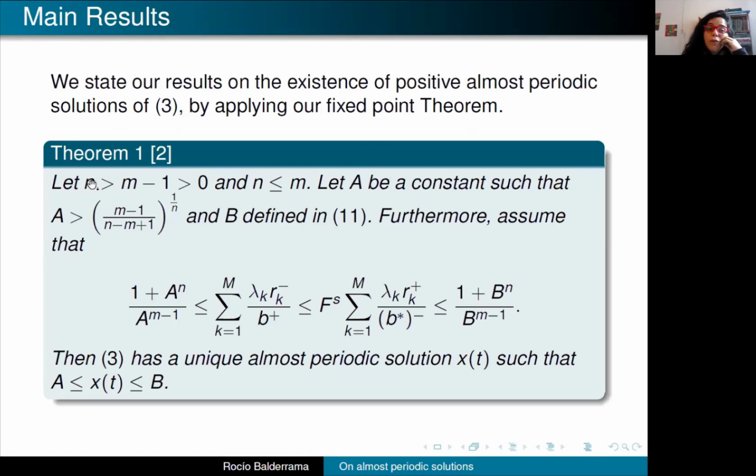If we have these relations between n and m, and a is a constant greater than this other one, and b defined as before, so if we assume that this chain of inequalities is satisfied, then the Mackey-Glass equation with m greater than 1 has a unique almost periodic solution between A and B.